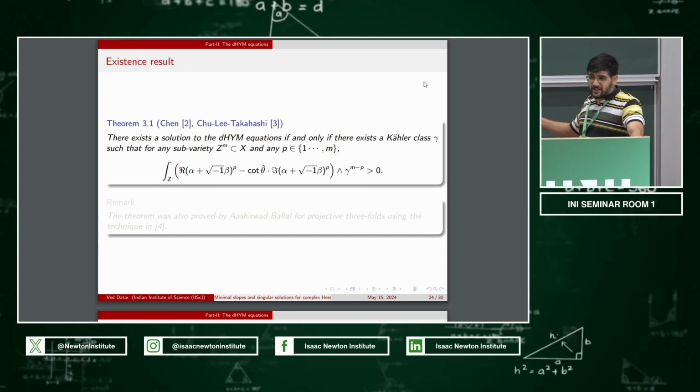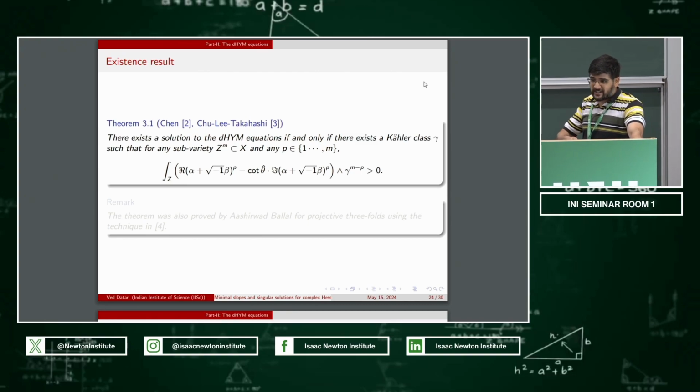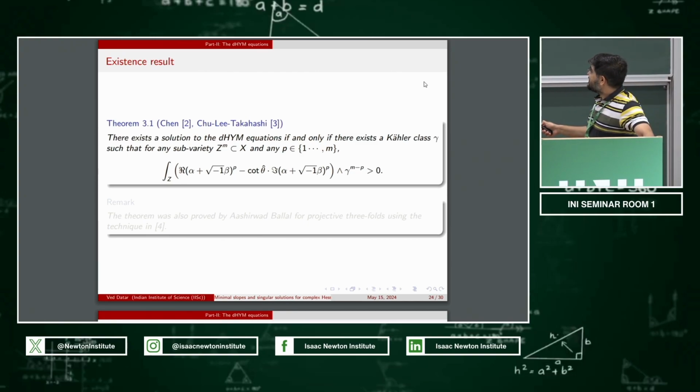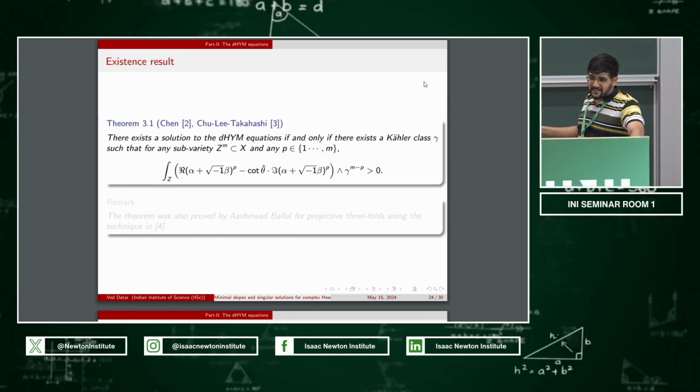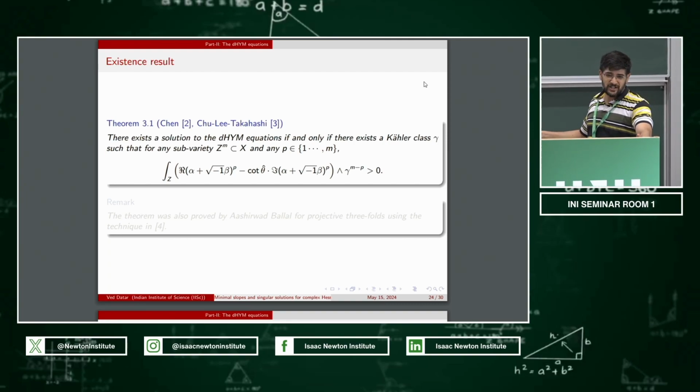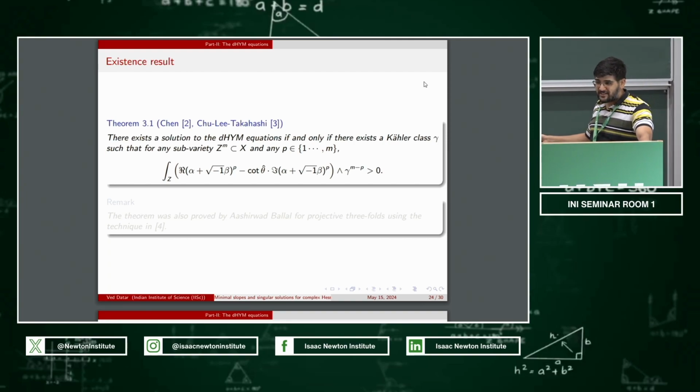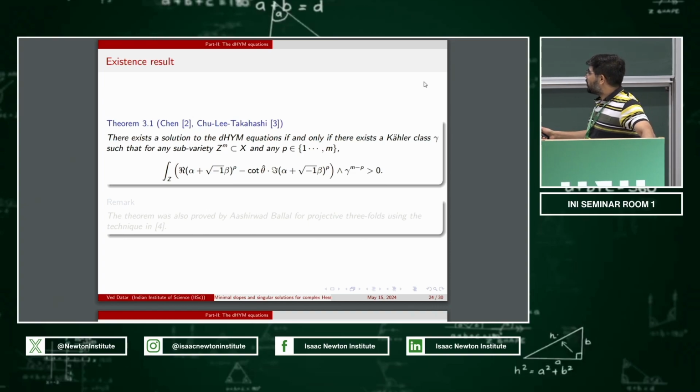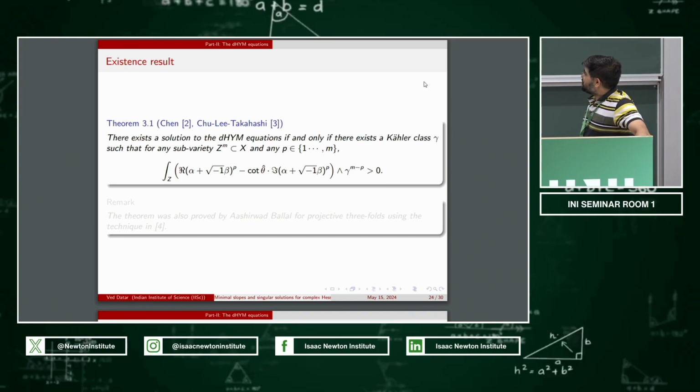Now there's one important difference with the Nakai criterion for the J equation, namely there is this additional gamma that shows up. And it turns out that this gamma is actually required. Without this gamma, you would have counterexamples again on some non-projective tori. That's the main difference with the J equation.